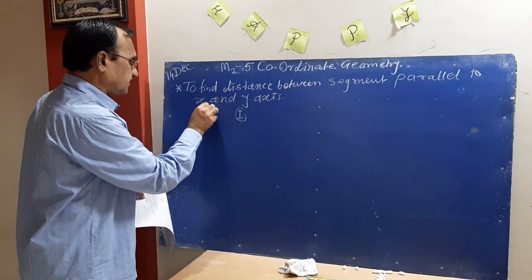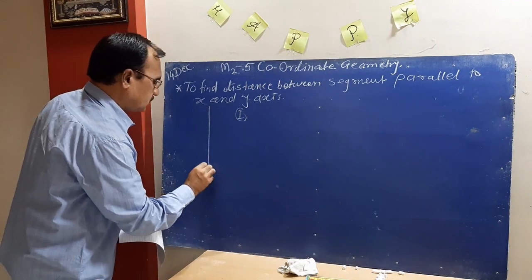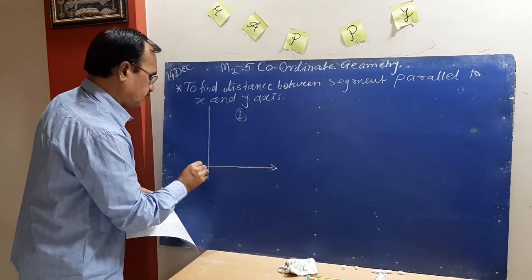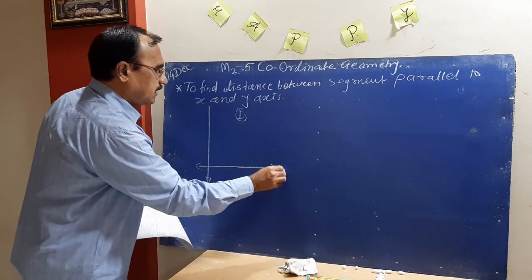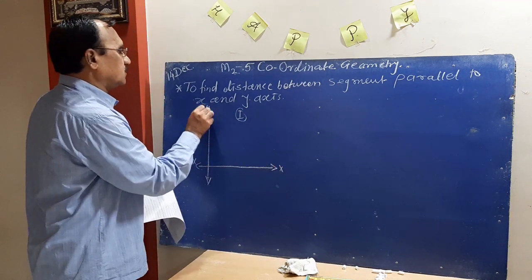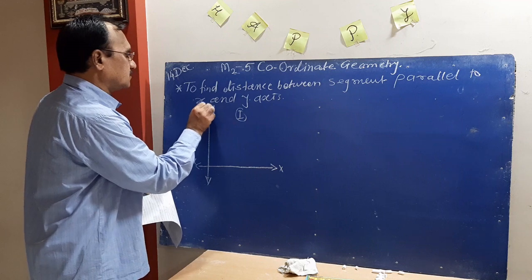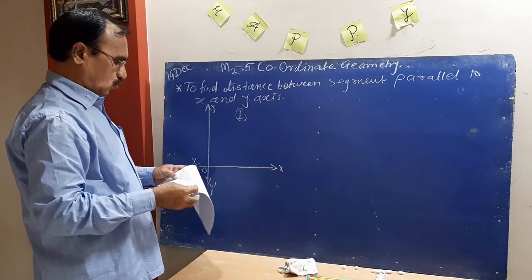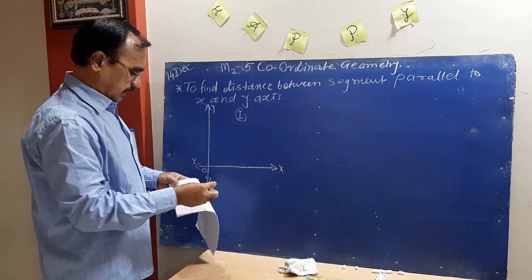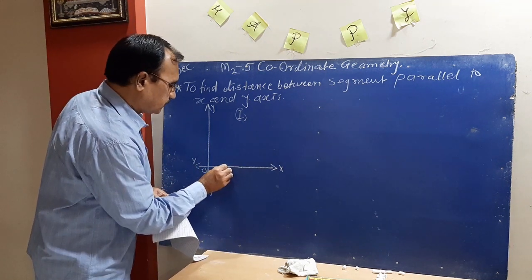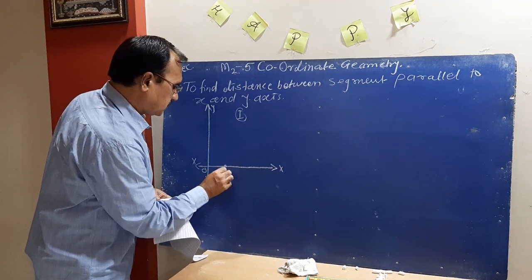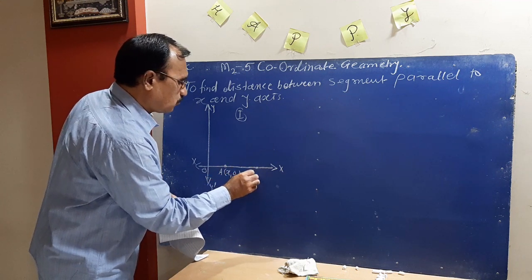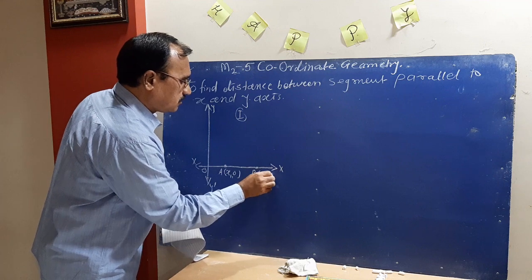Number 1, this is the x-axis, this is the y-axis, this is the origin O. Again here is point A, x1, 0, and point B, x2, 0.